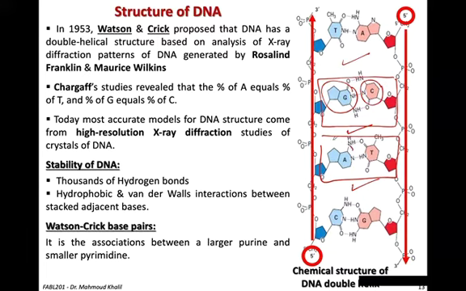Again, a larger purine, 2 rings, must bind to a smaller pyrimidine. So in total, that's why it makes the DNA very uniform, because the total is always 3 rings, okay? And this keeps a uniform width for the DNA.